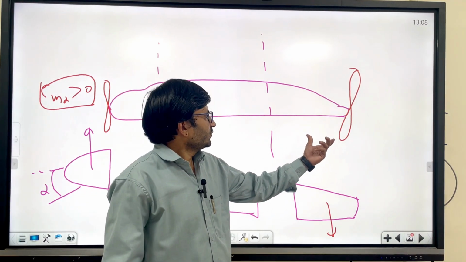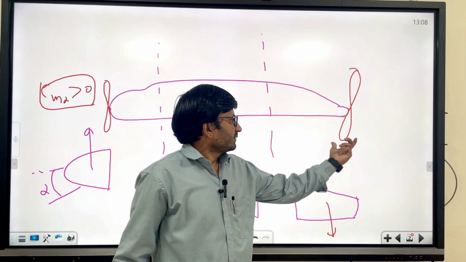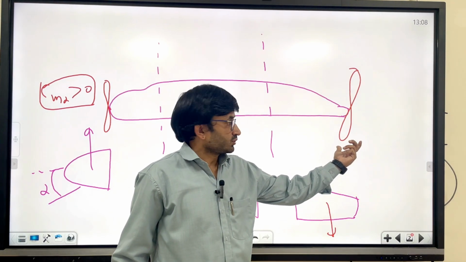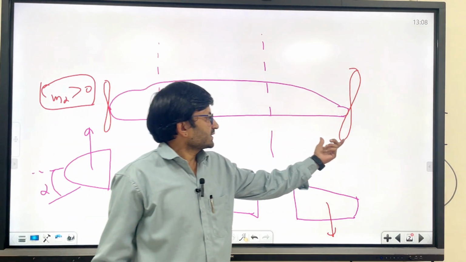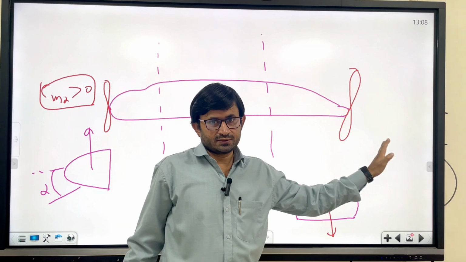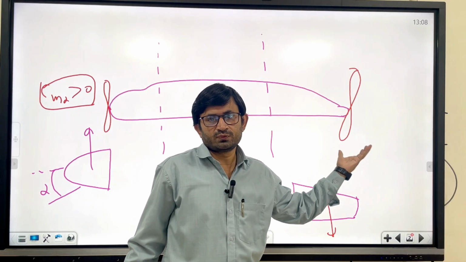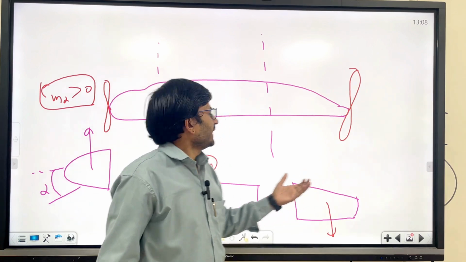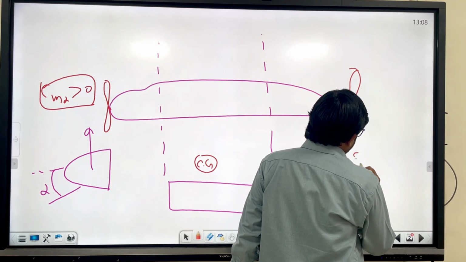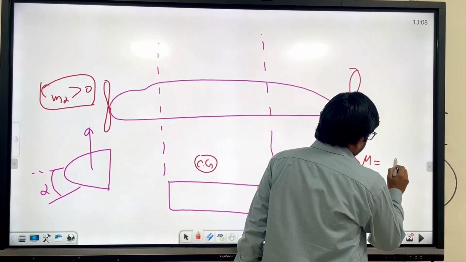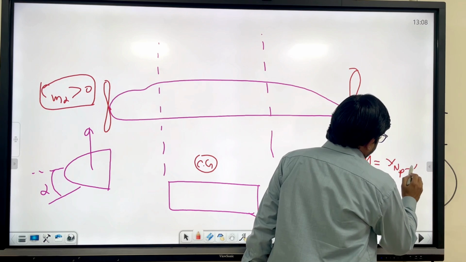When you put the pusher type here and the tractor type here, in this case you are taking the CG back because of the weight of the power plant, and in this case you are taking the CG forward.